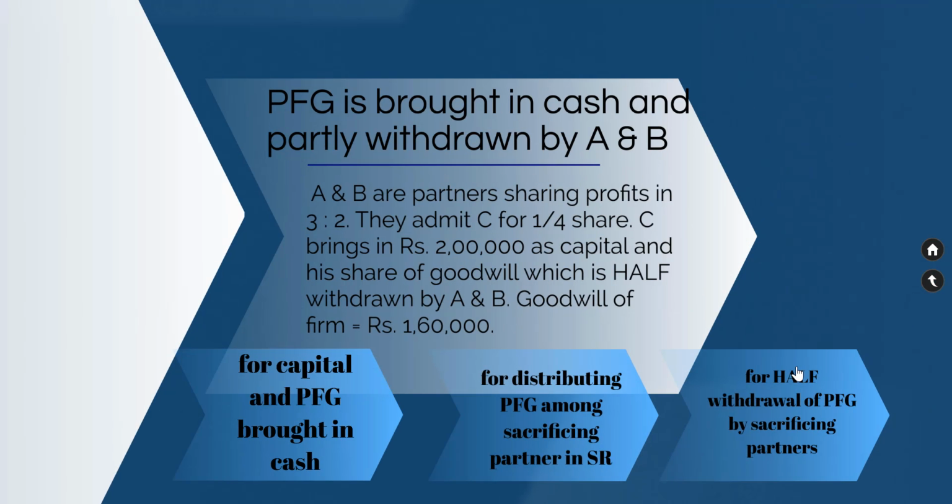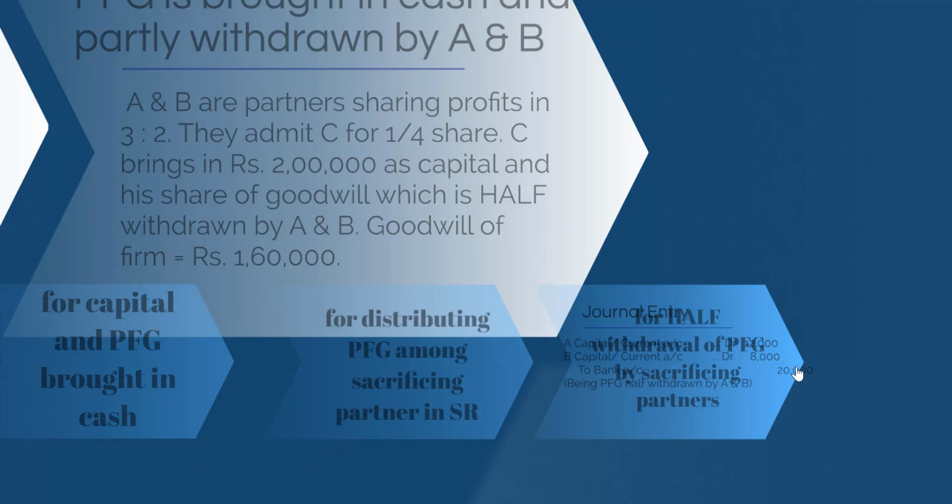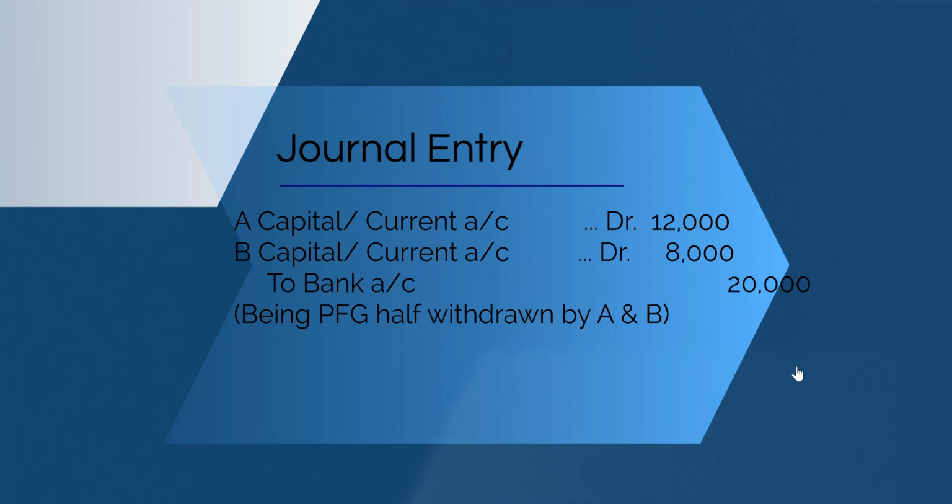Now in the third journal entry, the only difference is only half of the amount is withdrawn by A and B. So we debit A's capital or current account with rupees 12,000, which is half of the rupees 24,000 which he was entitled to.